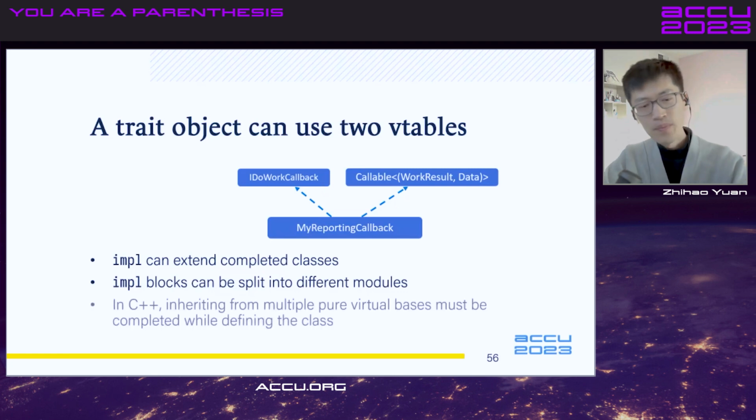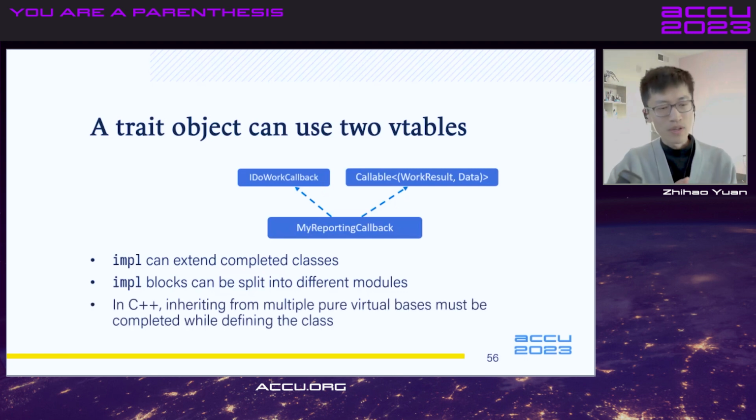Compare this with a C++ abstract base class. When you want to implement multiple pure virtual bases or interfaces in C++, all of them must be present before the type is defined.